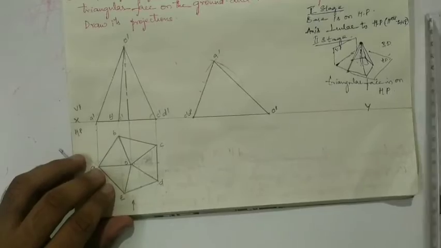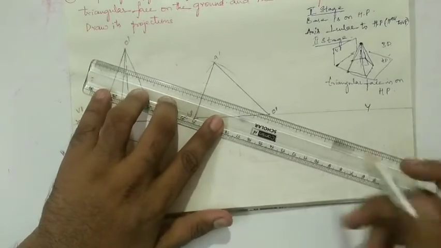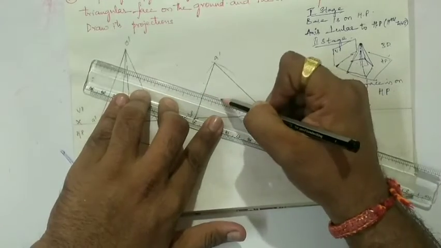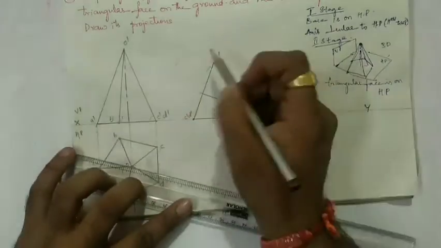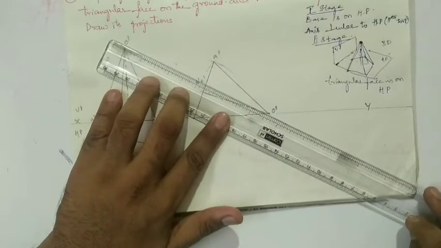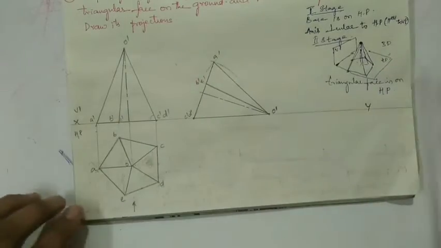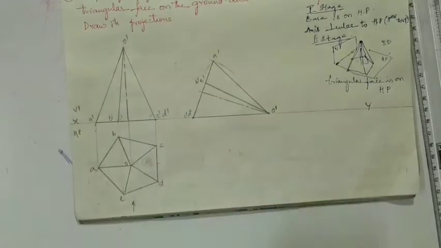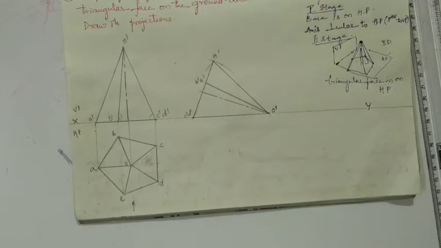Now join the axis line. Then next, this is B dash E dash, this is the one. So this is the complete triangular face that you have got here. So you got only the front view image.